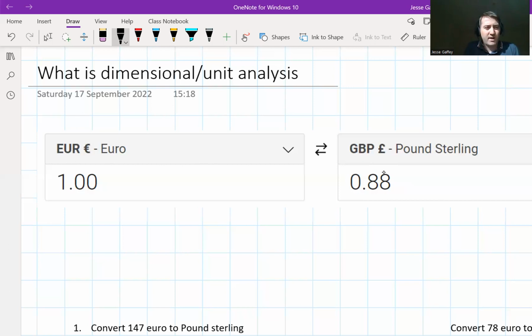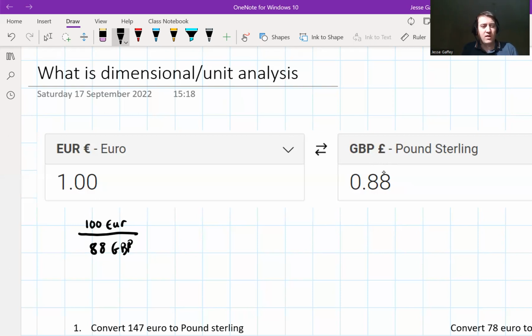There's a couple of ways we can write this. We could write it like this, that there are €100 per or for every 88 GBP, Great British Pounds. So this is a fraction here, which tells us the relationship between euros and pounds. €100 for every or per 88 Great British Pounds.